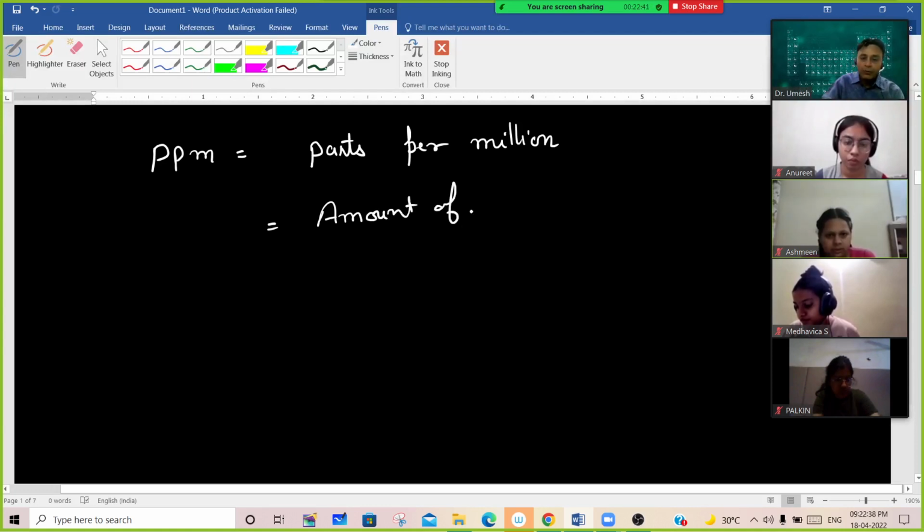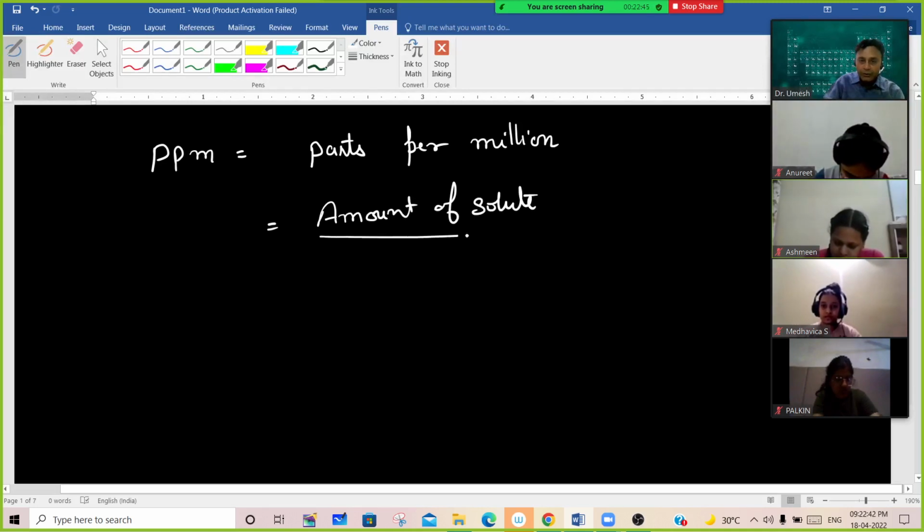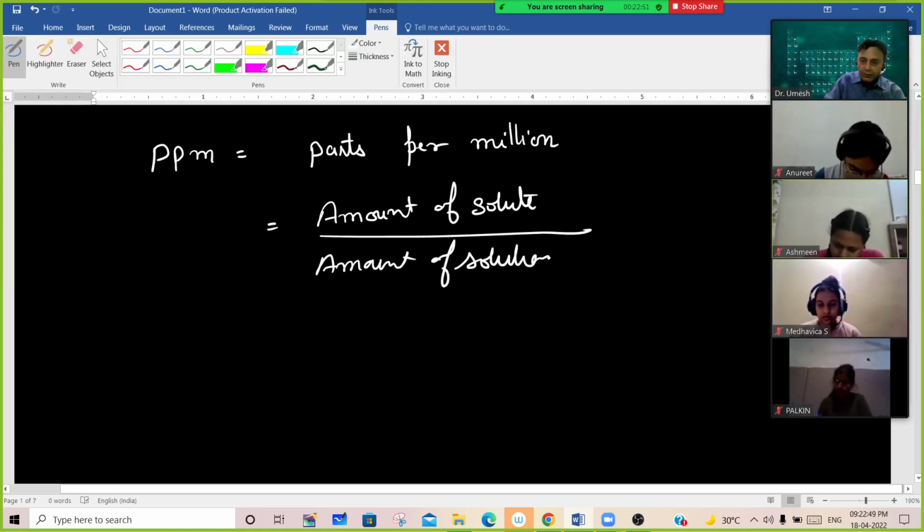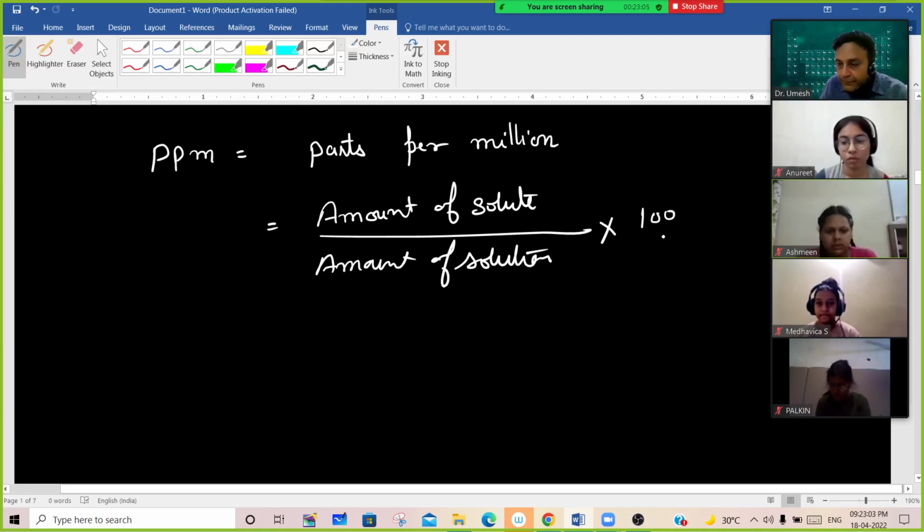That amount of solute upon amount of solution multiply by. Now understand, if I say 100, what does it mean? Percent means per 100.